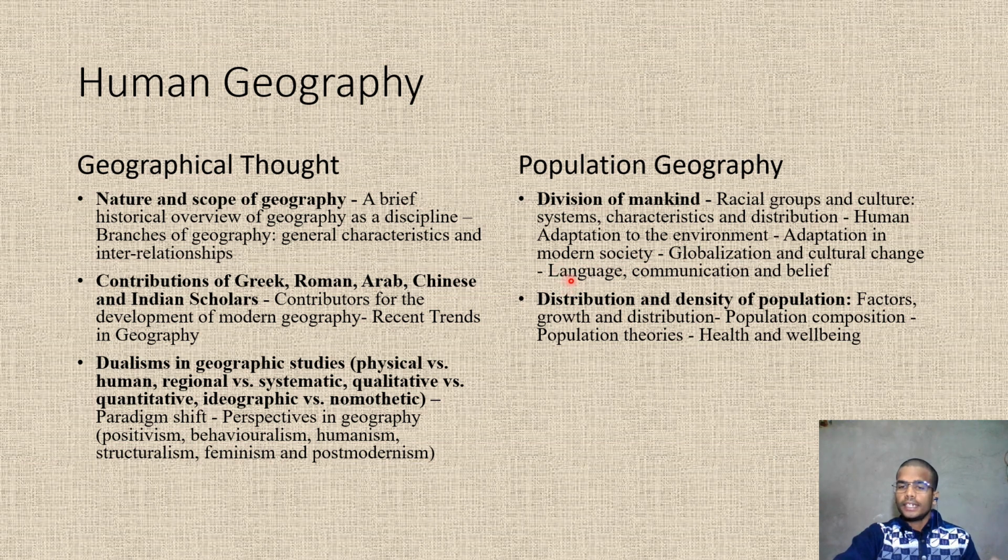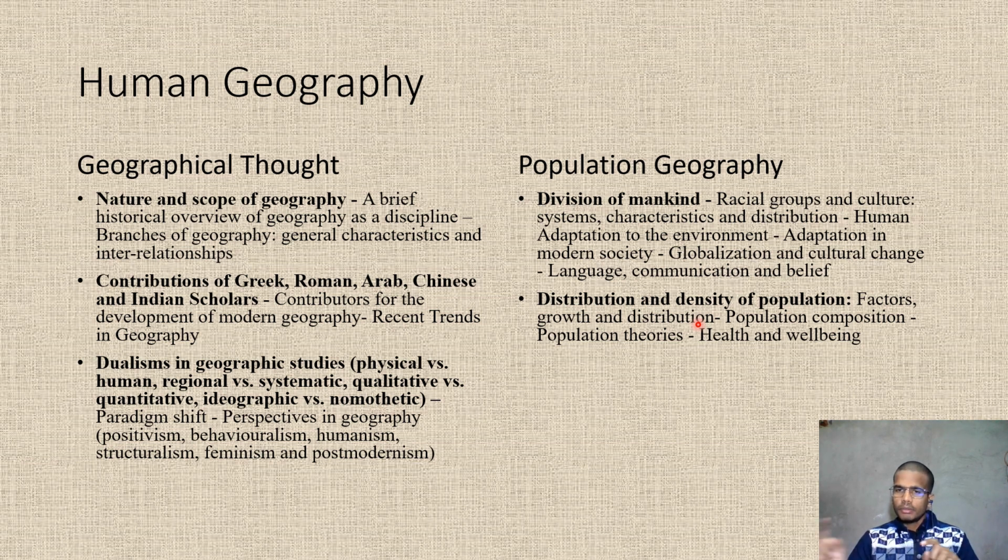In the second, language part, in the Indian context, you need to know which language belongs to which language family. Next, distribution and density. These are basically facts. Questions would be asked from the census here, on factors, growth and distribution, population composition, population theories, health and well-being. You need to know the population centers or population concentration areas in the world as well as for India.